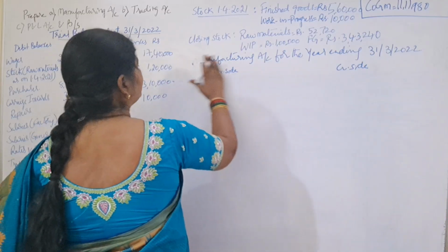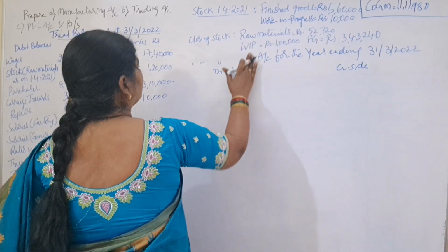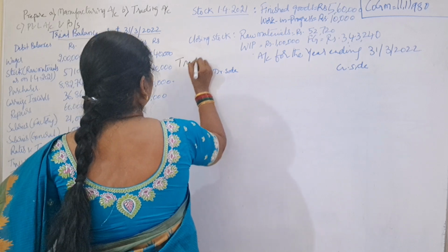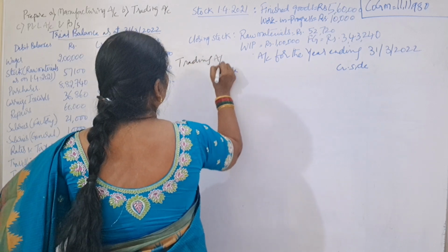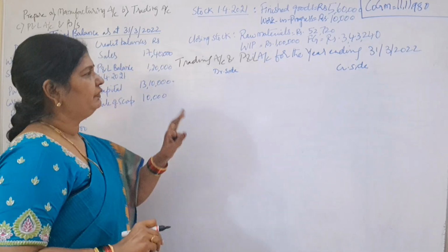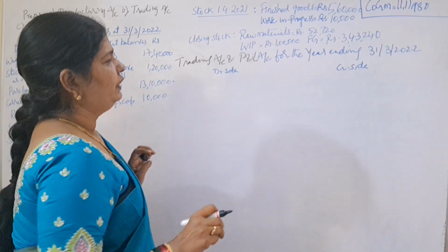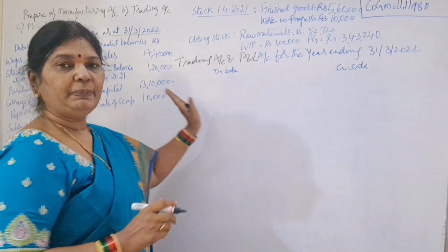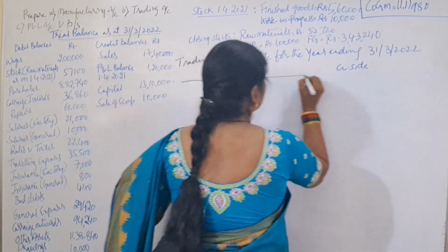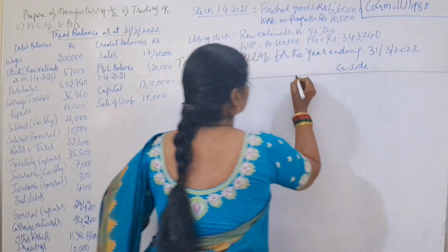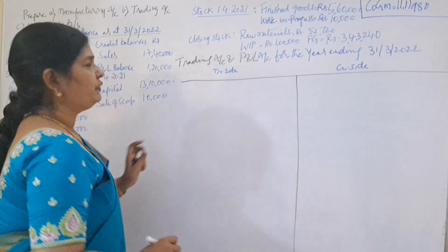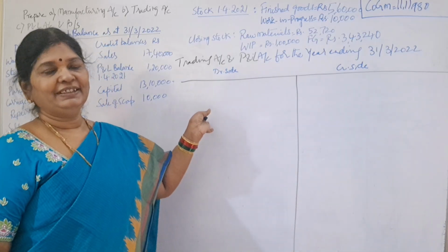Trading account. So I will use this heading: Trading account and profit and loss account for the year ending 31/3/2022. Same debit side, credit side. First we will start trading account.